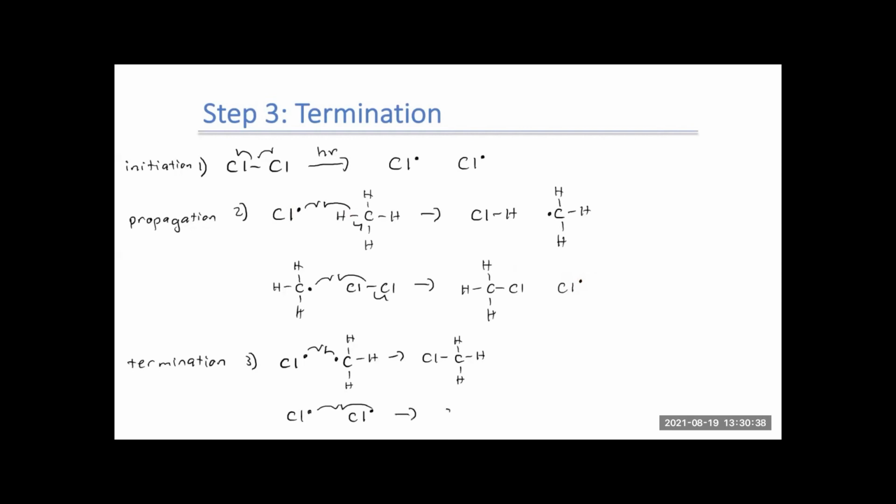And when they react together, you just get that Cl2 back. And then another possibility, if my methane radical reacted with another methane radical. That can happen. So when that happens, we end up forming our new product, ethane.